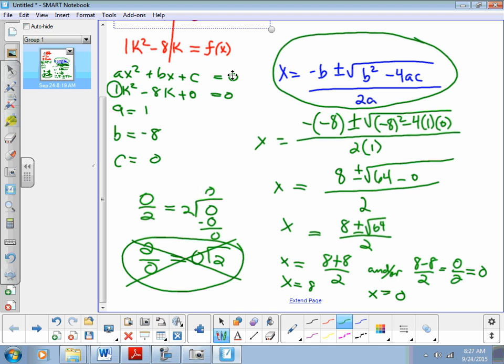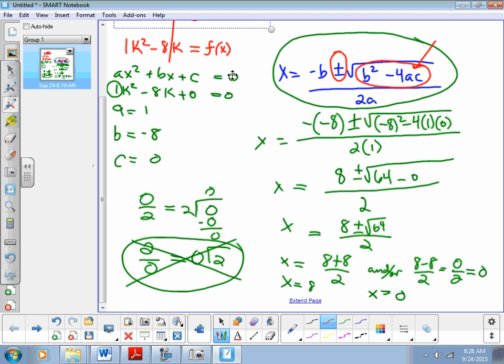Okay. Do you guys see the work I did for this problem right here? Right? How come you have to have two answers for this one? Okay, good question. In the quadratic equation, that plus or minus right there, that's where 2 answers would be, unless, here are the 3 possibilities that can come out of this.